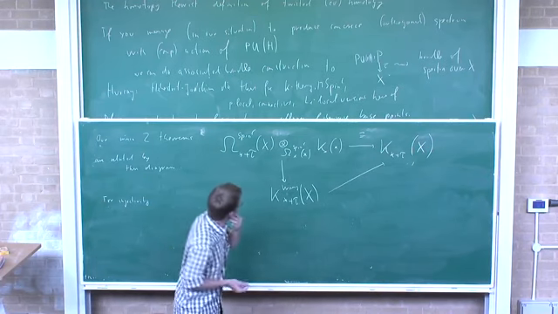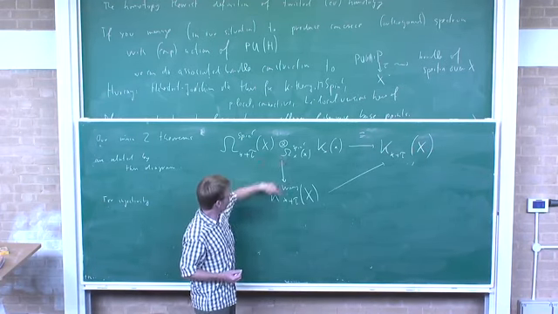Well, one way to prove injectivity is to prove surjectivity of this map.